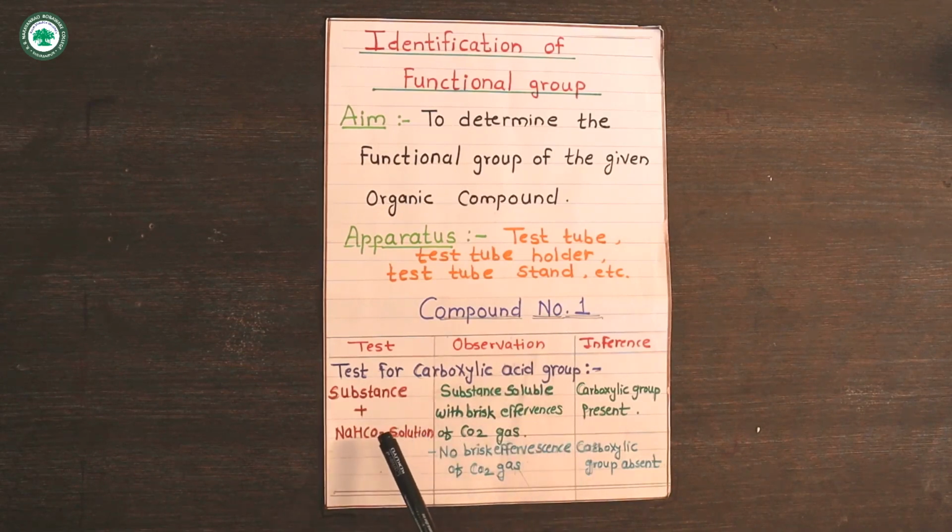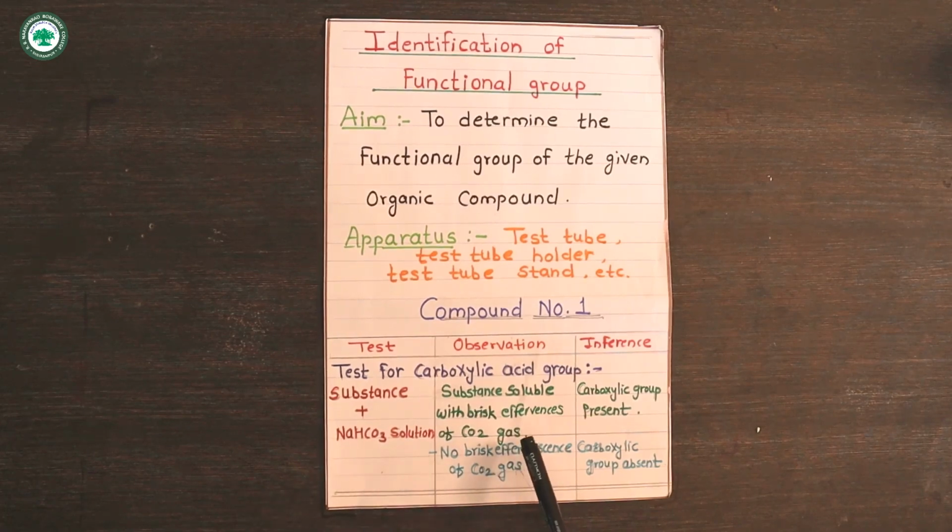Test is substance plus sodium bicarbonate solution. If the substance is soluble with brisk effervescence of CO2 gas, then the carboxylic group is present. If there is no brisk effervescence of CO2 gas, then the carboxyl group is absent.